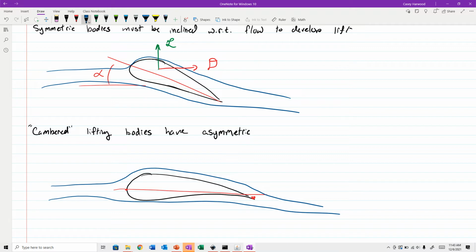The decision of whether to use a cambered versus symmetric lifting body depends a lot on the engineering application. The principal difference is whether you always want to be generating lift in one direction or if you want to be able to swap it back and forth.